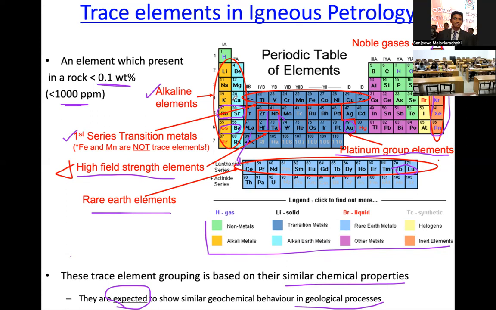Because lying close to each other means they have almost similar size as well as similar valency, right? Close valency. So the elements with the same charge and size are expected to show very similar geochemical behaviors.